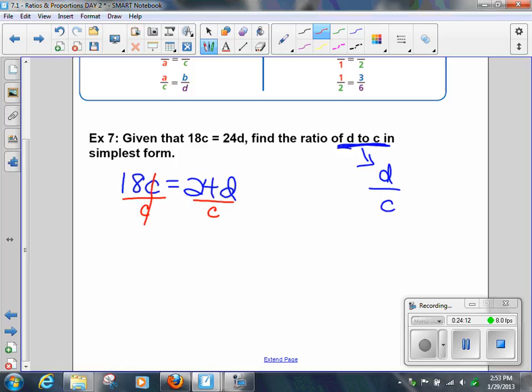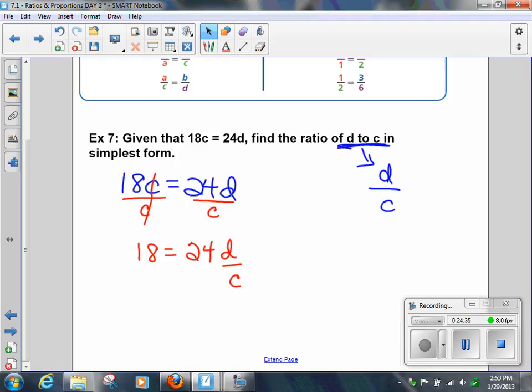Folks, this is when you really know who knows your algebra. That's going to give me 18 is equal to 24D over C. You guys agree? Okay. Now, how am I going to get rid of that 24? Because I got to get D over C by itself. I'm going to divide it.